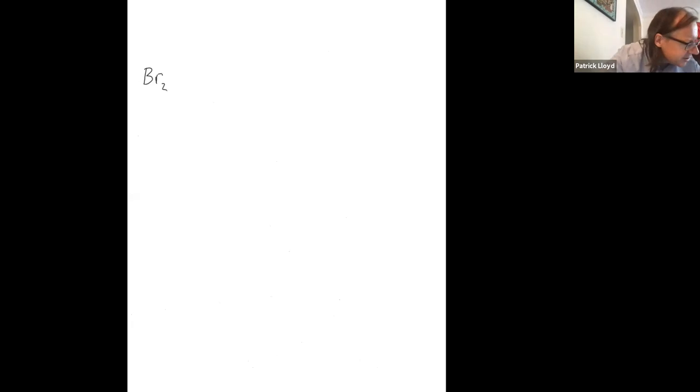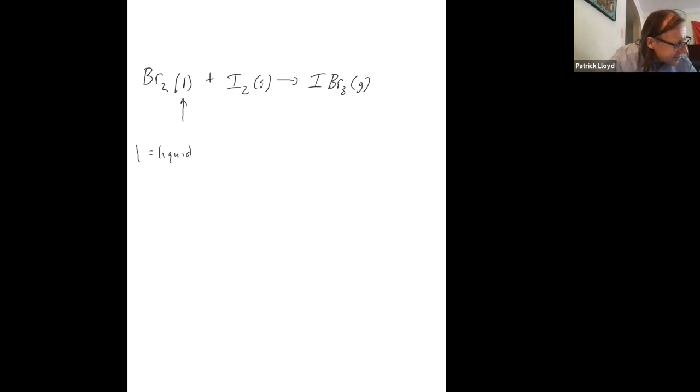In this one, they give you bromine and iodine. And they do put the states of matter in there. So let me just remind you that when you see in parentheses after an L, that means it's a liquid. So they're telling you the state of matter.